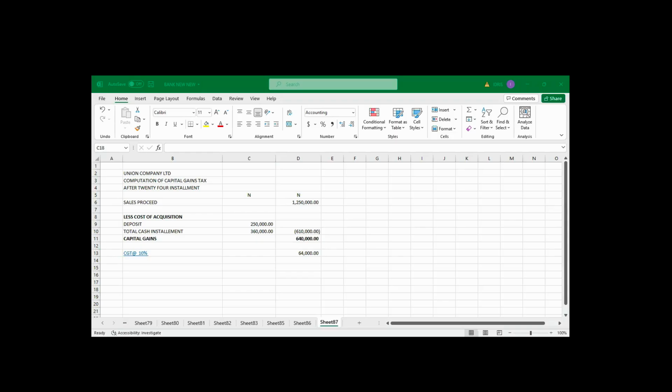After the full payment of all the installments, we should compute the capital gain tax. That means after they have paid 36 installments, we should compute the capital gain tax.